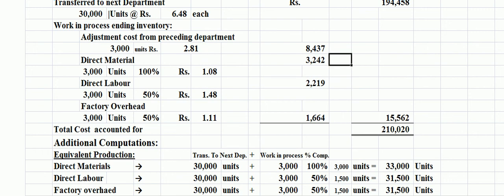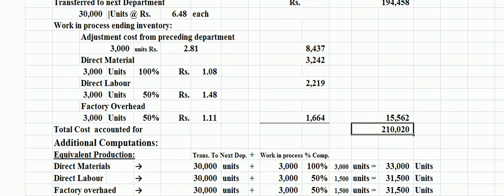Now we add all values to find the sum of these here, which is 15,562 rupees. Now students, we add this value with this value to find the final value, 2,10,020 rupees.